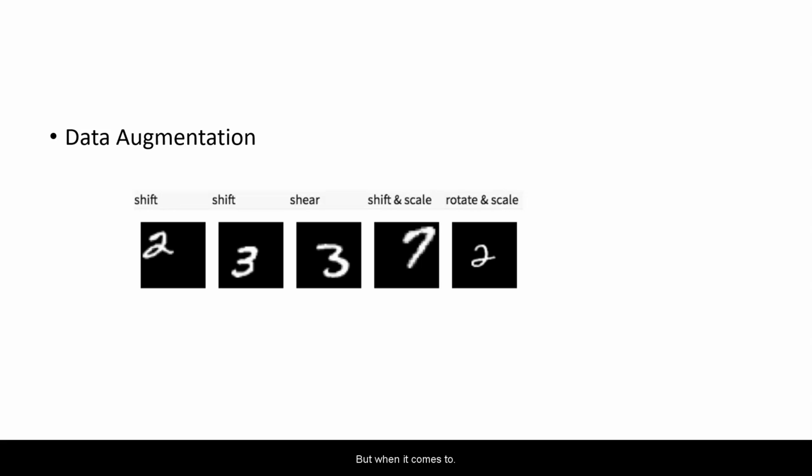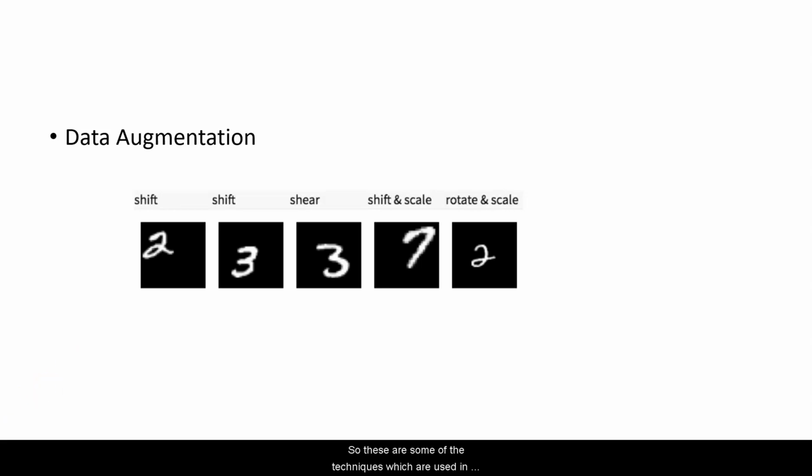But when it comes to data sets such as images, we can easily rotate the image, shift the image, scale the image, flip the image, or increase or decrease the brightness and resolution, and we can come up with another set of training images. So data augmentation is a method which has been commonly used in computer vision in order to increase the number of training images.